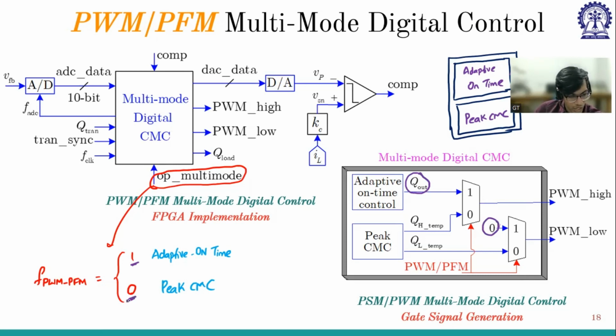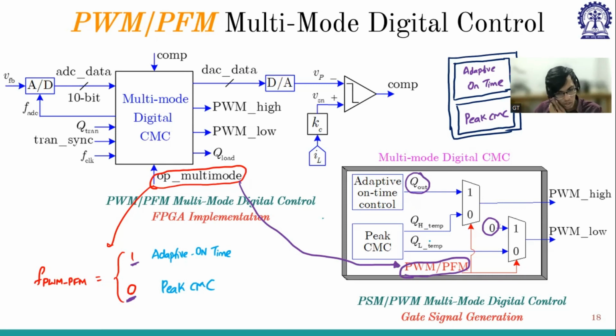And if it is 0, FPWM PFM 0, this is the FPWM PFM block, the OP multimode. Now QH temp and QL temp come from peak current mode control. Similar to voltage mode control, we are getting QH temp as well as QL temp.